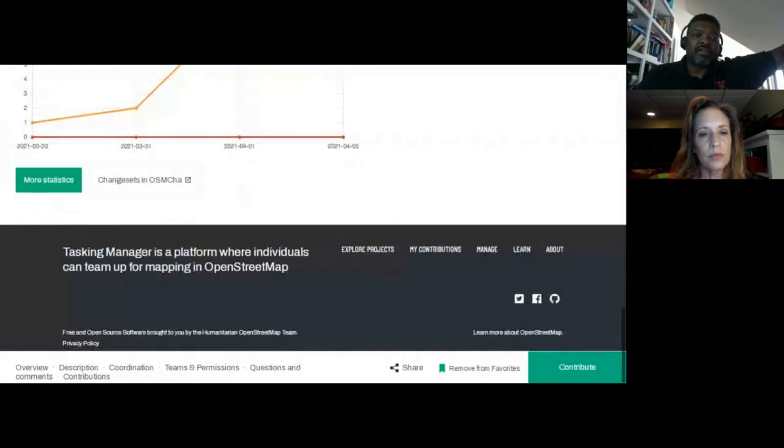I scroll down and use changesets in OSMCha, which is a great tool again to gauge who did what. You know, there's a lot of great tutorials on how to use OSMCha and other things. It shows, when I did this particular workshop a couple hours ago, you'll see who did what. And the good thing is, my good friend doesn't mind. It shows you exactly what they did and where they did it.